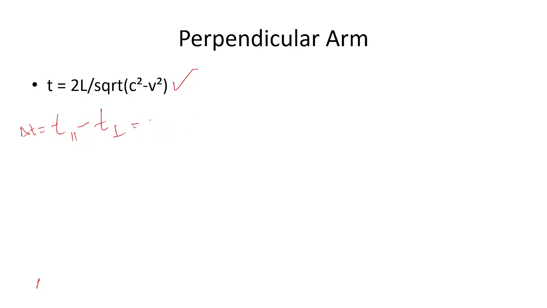So that is equal to 2CL over V, C square minus V square minus L over, this is same L. Okay, so let's write it capital L. I write it, this is capital L over C square minus V square under the root.